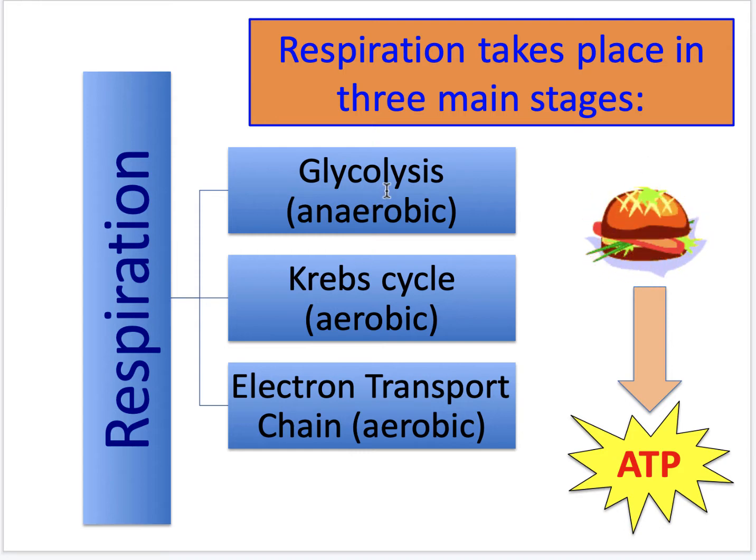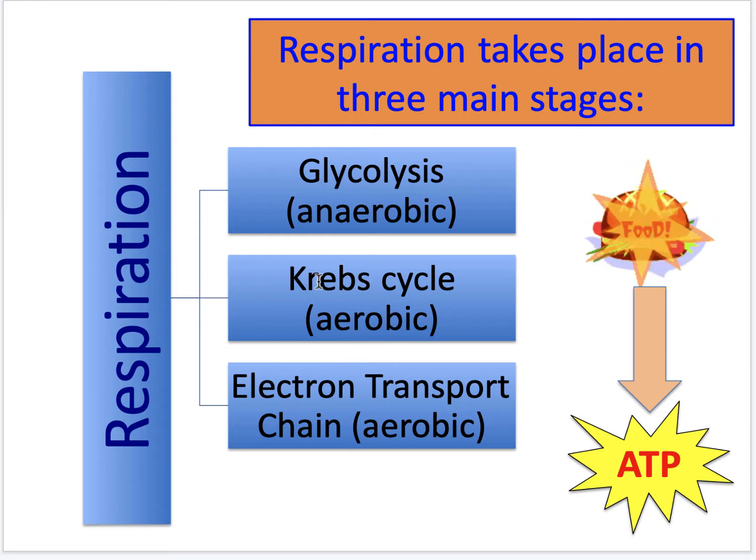Now the pyruvic acid, what happens to it depends on whether or not there is oxygen present. If there is oxygen present, then the pyruvic acid molecules will enter the mitochondria to undergo the next steps of making ATP.